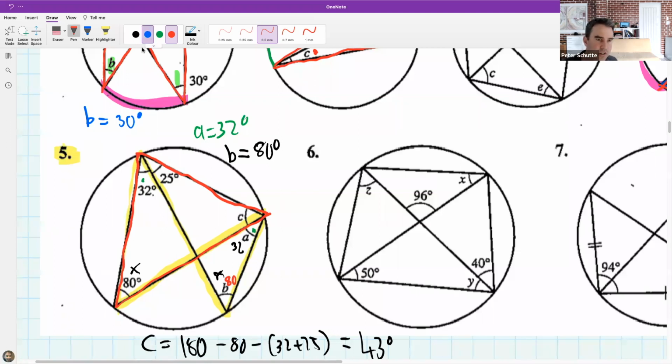And the good news is we know what this angle down here is. It's 80. And we know what this angle over here is. It's going to be 32 plus 25. And so then the only remaining part is going to be C. So we go 180 minus the blue minus the green, and we get our answer, which is 43.